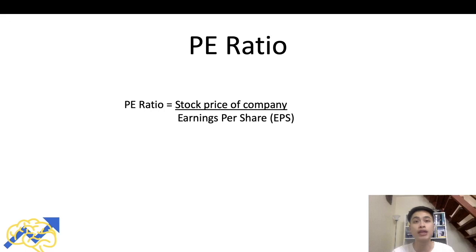Because the lower the PE ratio of a company, the lower the amount that we are paying for the stock for each dollar of earnings the company makes. Therefore, a lower PE ratio can indicate to us that the company is better value than a company with a higher PE ratio. So let's take a look at some real-life examples of how we can derive our PE ratio and compare some of the PE ratios of companies to their competitors.